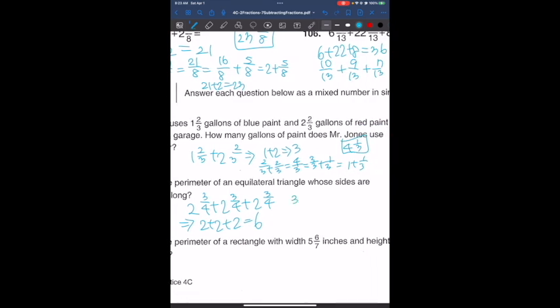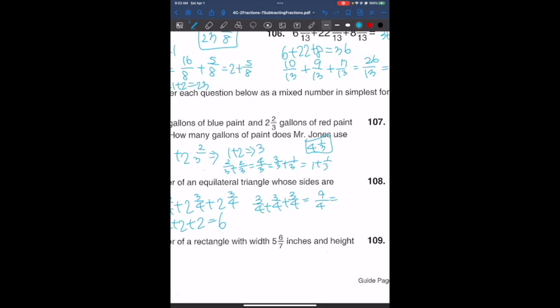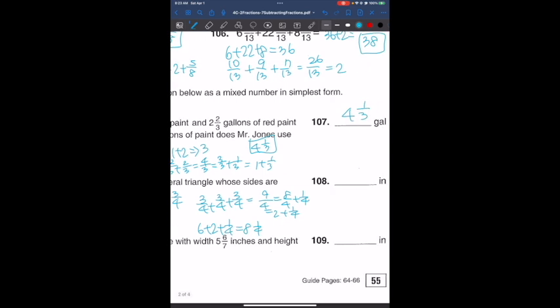Then we're going to add our fractions together. And that gives us 9 over 4, which is 8 over 4 plus 1 over 4, which is 2 plus 1 over 4. And so 6 plus 2 plus 1 over 4 is going to give us 8 1/4. It's going to be 8 1/4 inches.